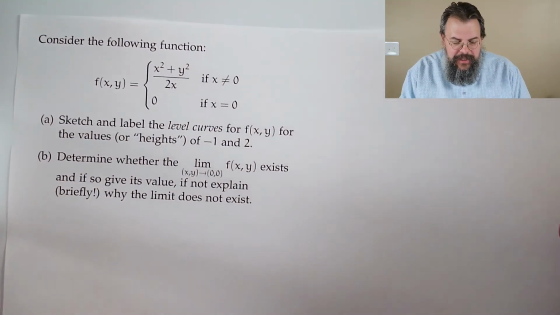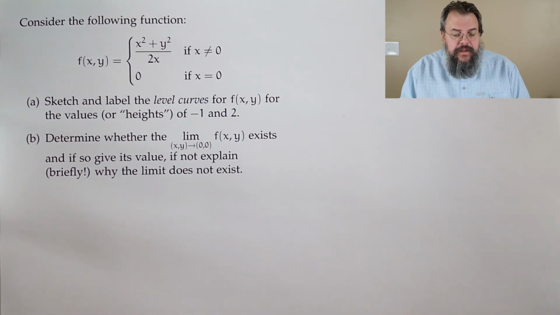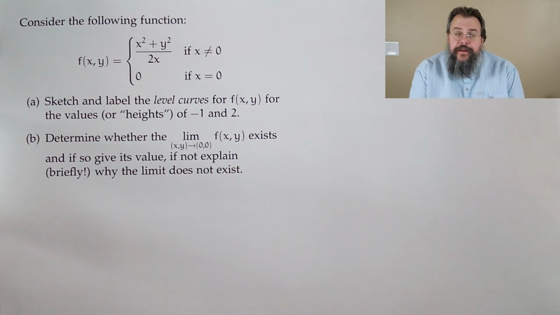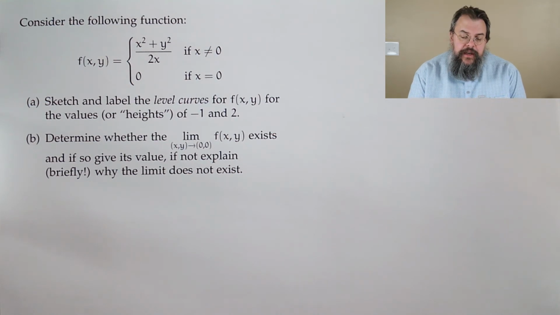All right, I think we have time for one more. And this should be a good one. All right. Consider the following function: x squared plus y squared divided by 2x, if we're not at 0, and then we're going to be 0 if we are at 0.